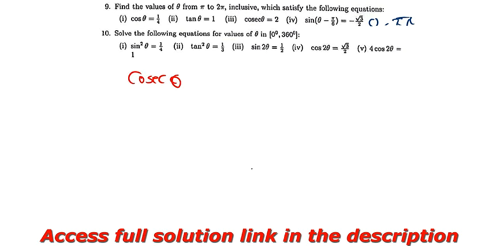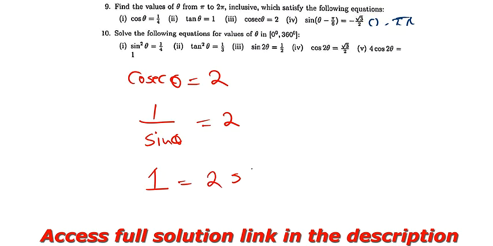Cosecant of theta is equal to 2. Cosecant is an identity which implies 1 over sine of theta. So if we multiply both sides by sine theta, we end up with 2 sine of theta. Divide both sides by 2, we end up with 1 over 2 is equal to sine of theta. So sine of theta is equal to 1 over 2.